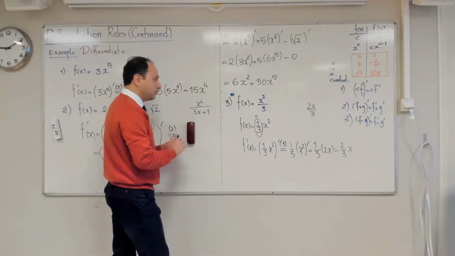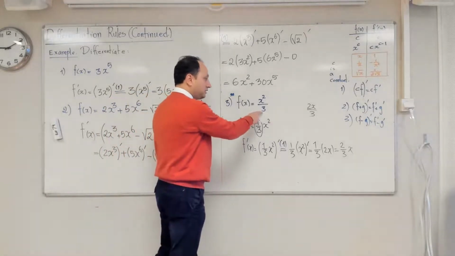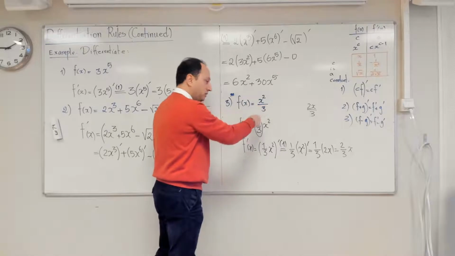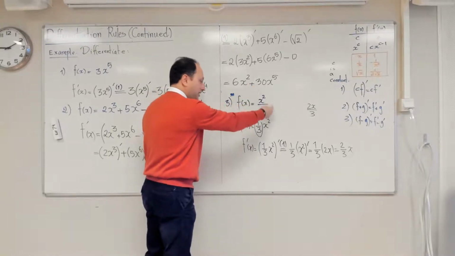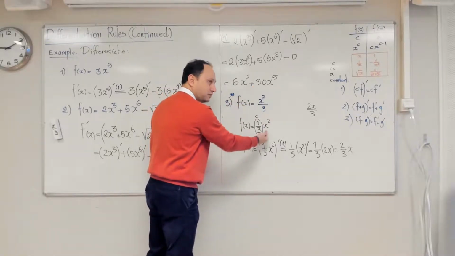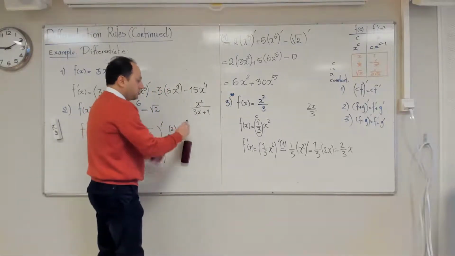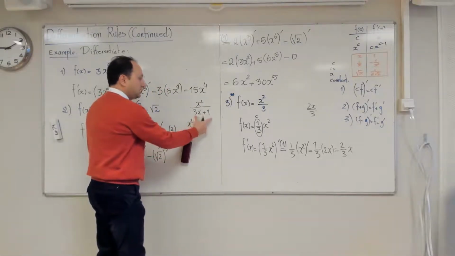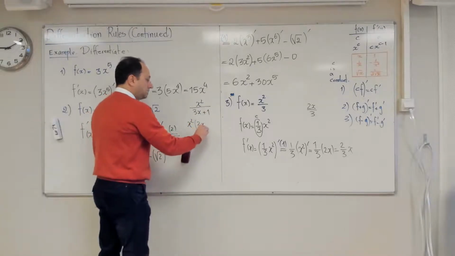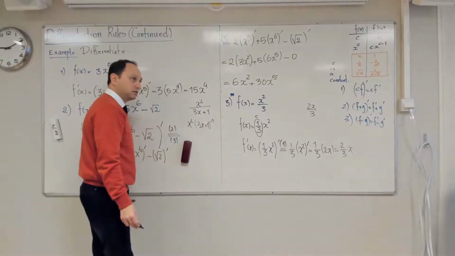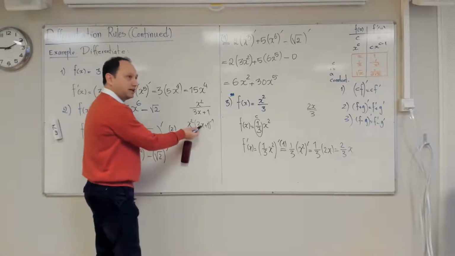Okay, so it's very important to understand that even though this is a fraction, it is one of those types of fractions that can be written as a product. If I want to write this fraction as a product, there is only one way. Bring the whole thing up and make it -1. And then the problem is that this is again a product rule.